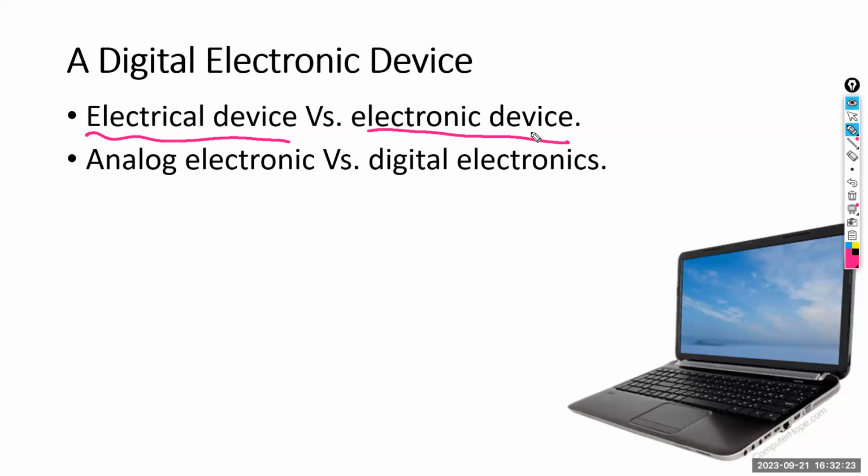So what is the difference between electrical device and electronic device? We have electrical technicians, electronic technicians, electrical engineers, electronic engineers, electrical devices, electronic devices. So my question is, what is the difference between electrical and electronic? Anyone?